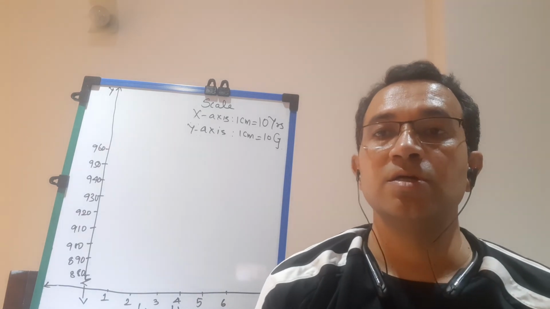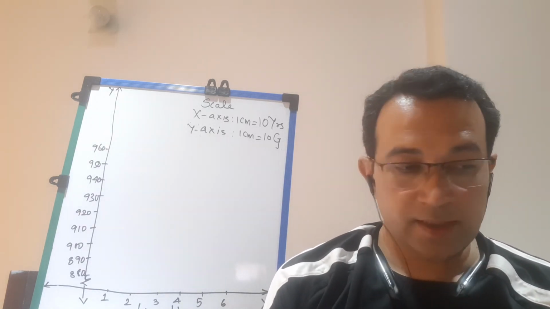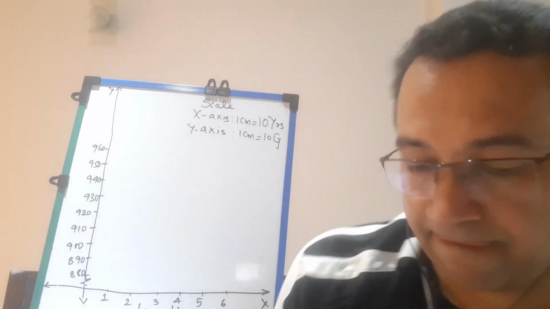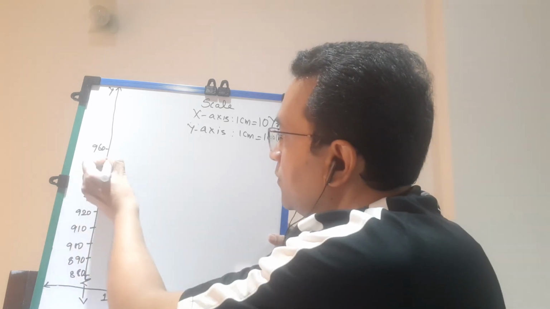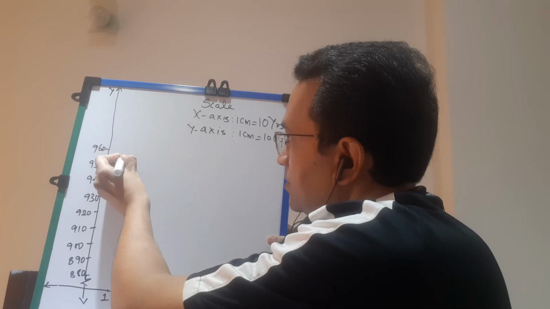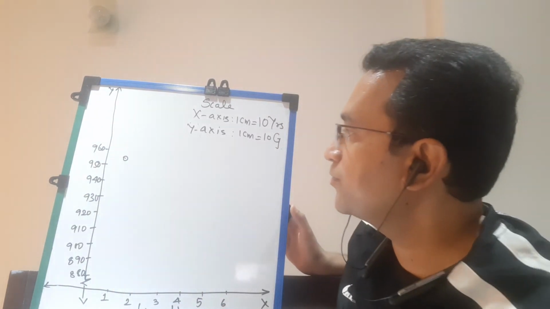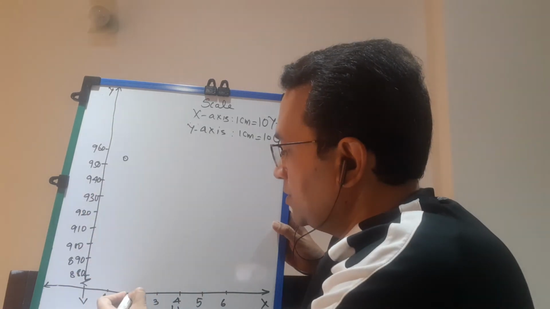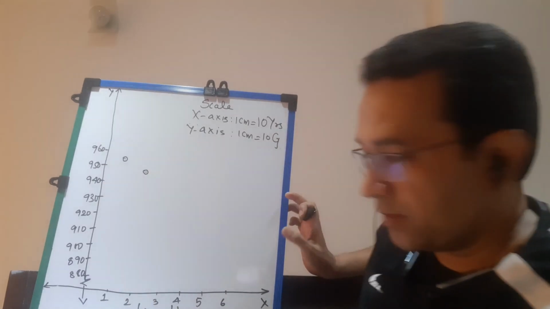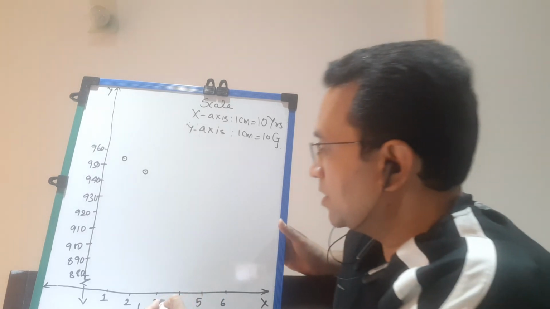G stands for girls. Now, students, for t is equal to 1, it is 956. So 56 means about this, so somewhere here. For t is equal to 2, it is 948. So for t is equal to 2, little below 950. For t is equal to 3, it is 947.